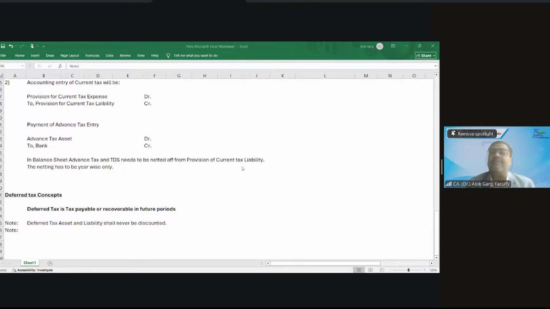What is the timeline for filing the balance sheet for an unlisted entity? 30th September, yes. So till the 30th September, since the second half year has also completed, right? Six months of the next year are also over.